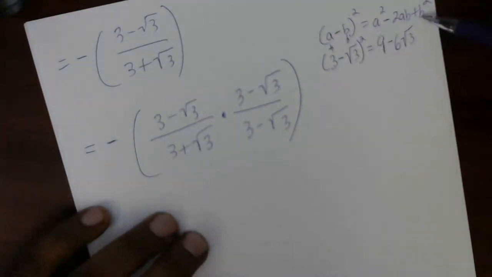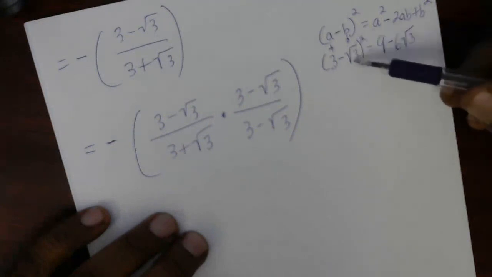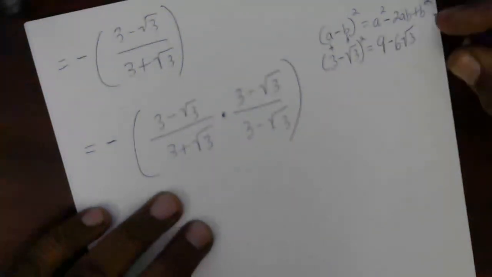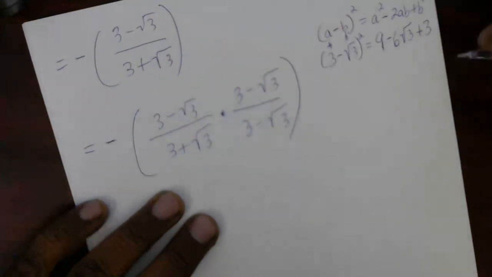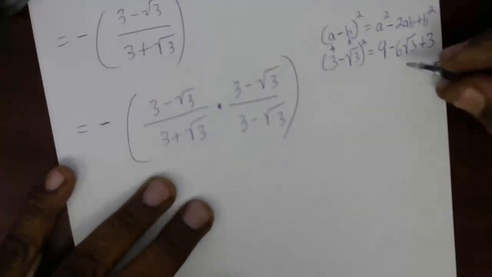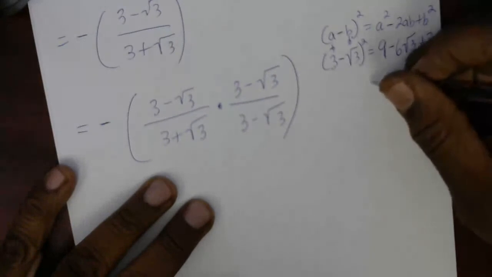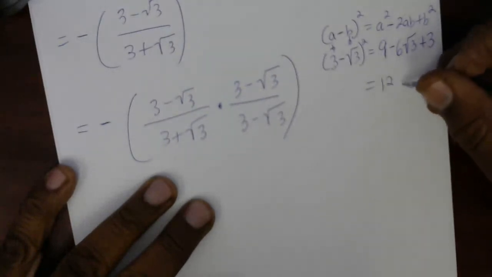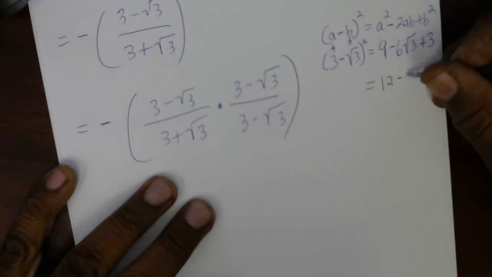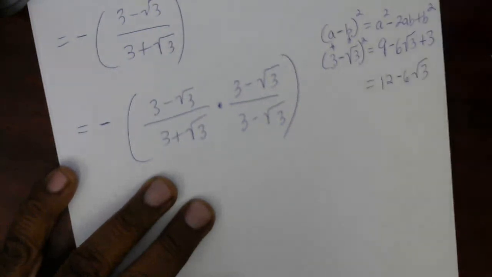Then I take B, which is the square root of 3, and square that. The square root and the square cancel, and we have plus 3. If I combine my like terms, I have 12 minus 6 times the square root of 3.